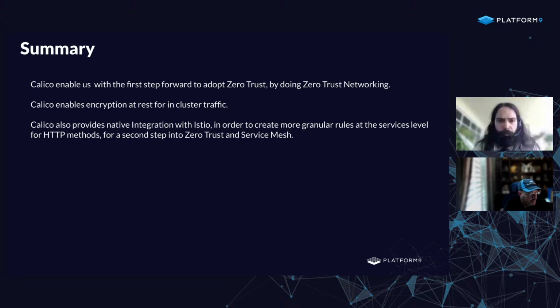All right. So I think at this point we've hit almost the end of the presentation. As a summary, Calico helps us perform the first step forward to adopt zero trust by doing zero trust networking, which as we described and discussed here, we just closed, and we saw different scenarios where you can use Calico to deploy or advertise applications, could be MetalLB, could be node port, or just basic internal communication over a cluster IP.